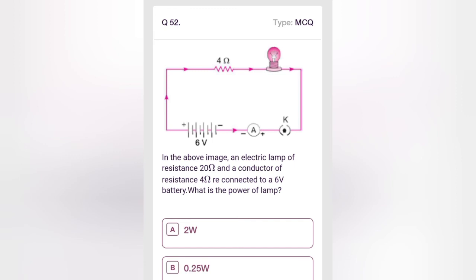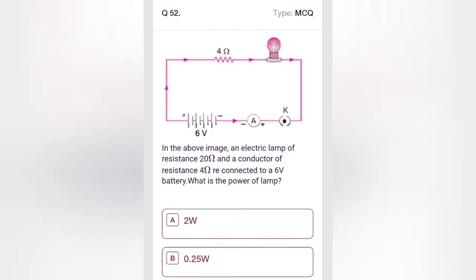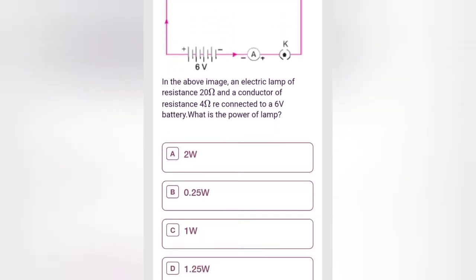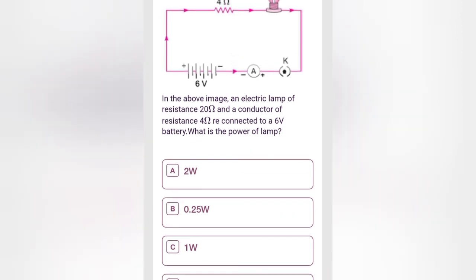Here they have asked what is the power of the lamp. So this is the lamp. We found the resistance here is 20 ohm and the voltage here is 5 volt, and the current is 1 by 4. So 5 by 4.